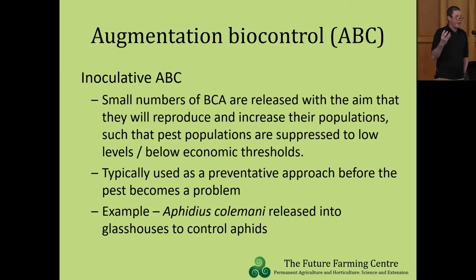Typically these things, when they attack the pest, they increase in their numbers, they breed by feeding or parasitizing whatever the pest, and so their numbers increase, which is great because it's free. So you put small numbers in, they attack the pest, their numbers build up and keep on top of the pest. This is classic glasshouse biocontrol. You go down to the biocontrol shop every few weeks, buy some biocontrols, chuck them in the glasshouse, everything's tickety-boo.